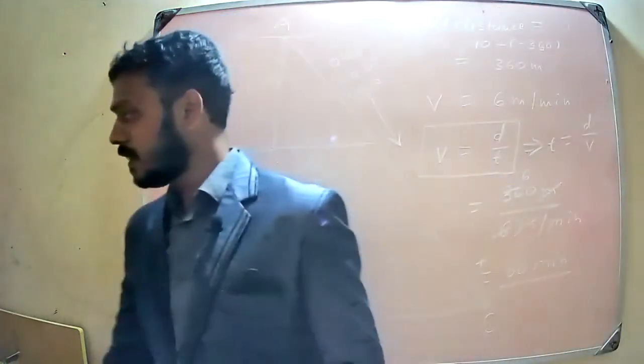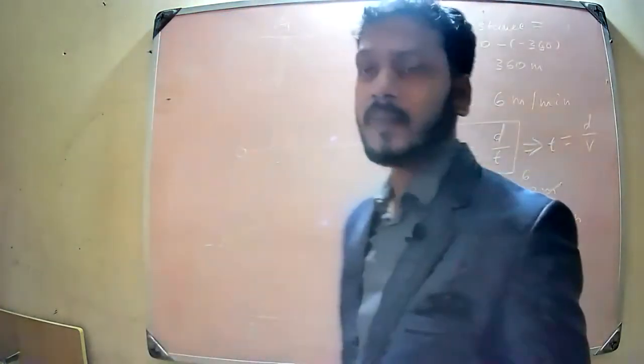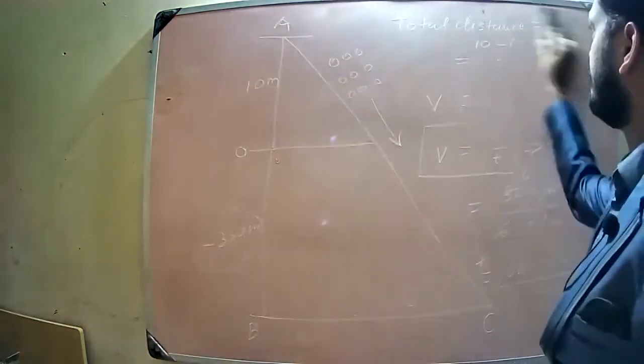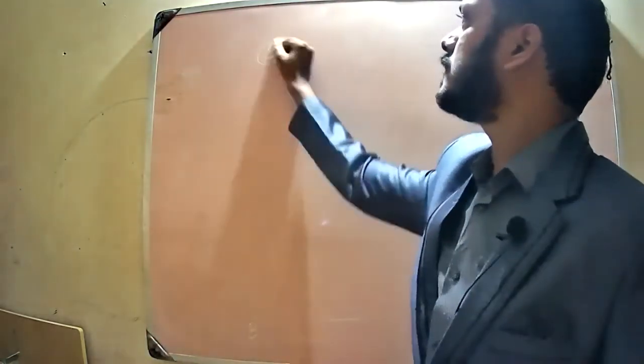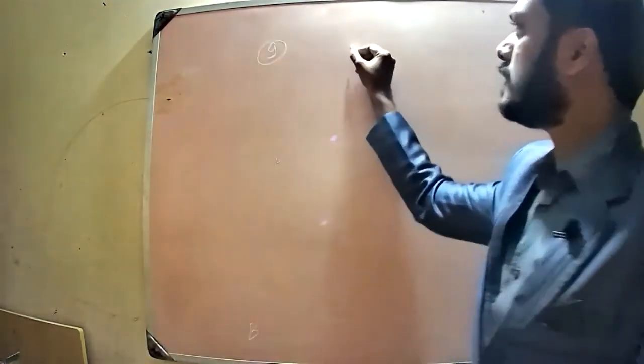Next, question number 9. What is the meaning of the zero property for integers? Define what is the meaning of the zero property. First, if any integer or number is multiplied by 0, the result becomes 0.